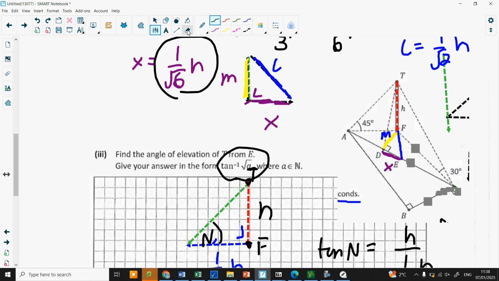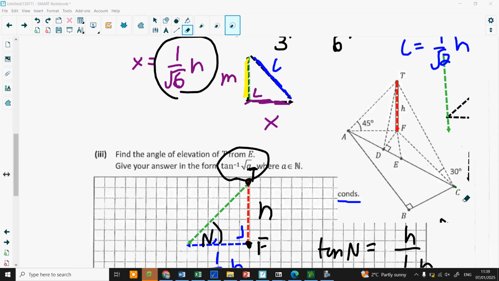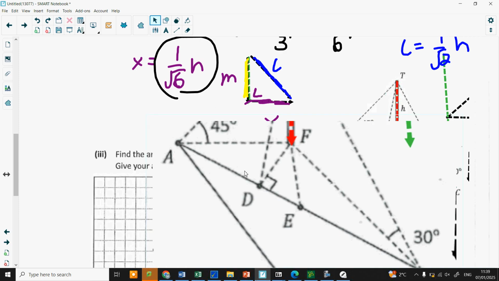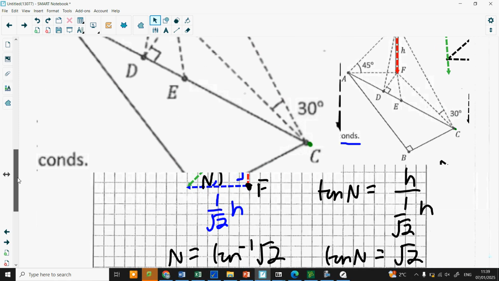CFA. Now, which one's CFA? C to F to A. Okay, that's that full bottom triangle, isn't it? I think this is quite doable because we accumulated a lot of the information earlier, which hopefully you'll be able to feed into me now.